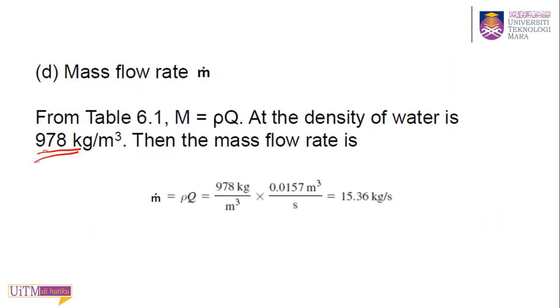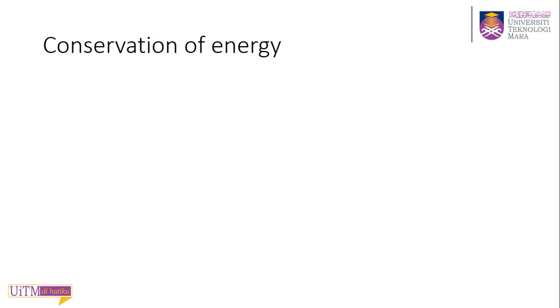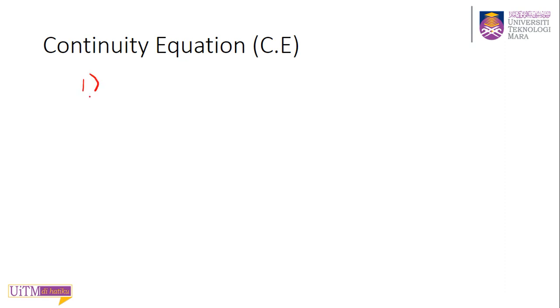Okay, so now it's 1:45. So as a recap, I think this is the last slide. In continuity equation, you have one volume flow rate, Q, and secondly you have a mass flow rate, m dot, and lastly you have a weight flow rate.